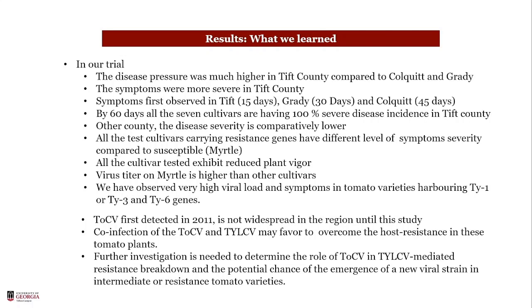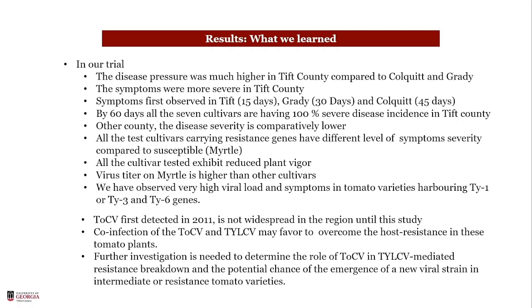So what we learned so far in this study is that the disease pressure in Tift County is comparatively higher than in Colquitt or Grady County. The symptoms are more severe in Tift County. In Tift County, symptoms appear in 15 days, whereas in Grady and Colquitt it is 30 and 45 days, and by 60 days, all the varieties are showing symptoms.